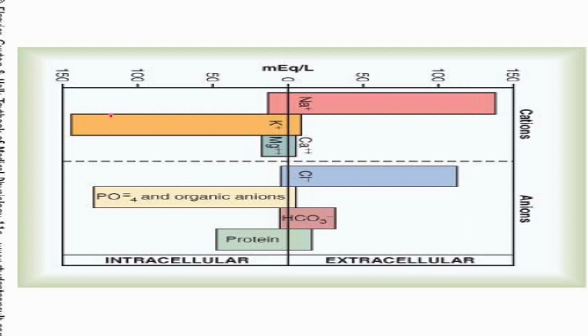Potassium is much higher, as we had learned earlier, inside the cell than it is outside. Same with magnesium. Magnesium much higher inside than outside. However, chloride, right, it's the opposite. It's much higher outside than it is inside. Phosphate, much higher inside than outside. Bicarbonate, much higher outside than inside. And proteins are much higher inside than they are outside.